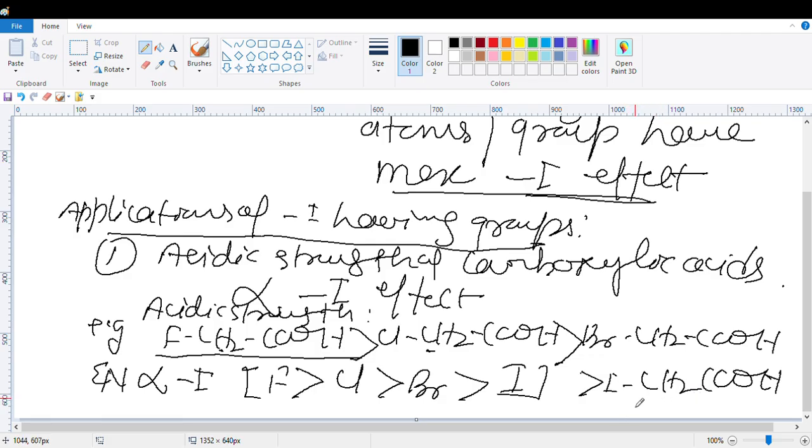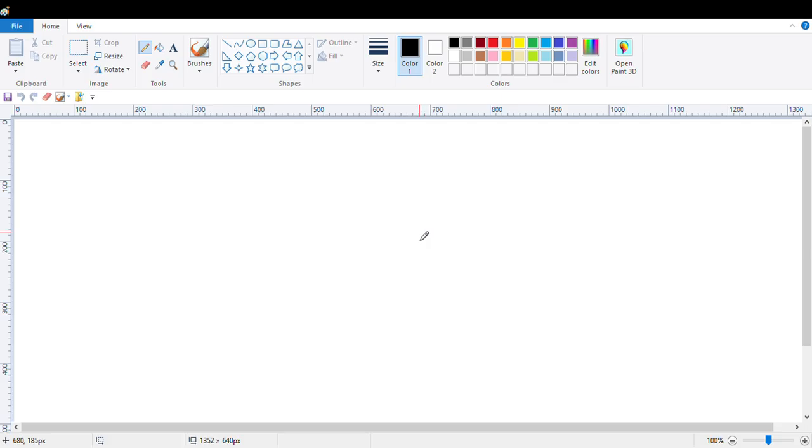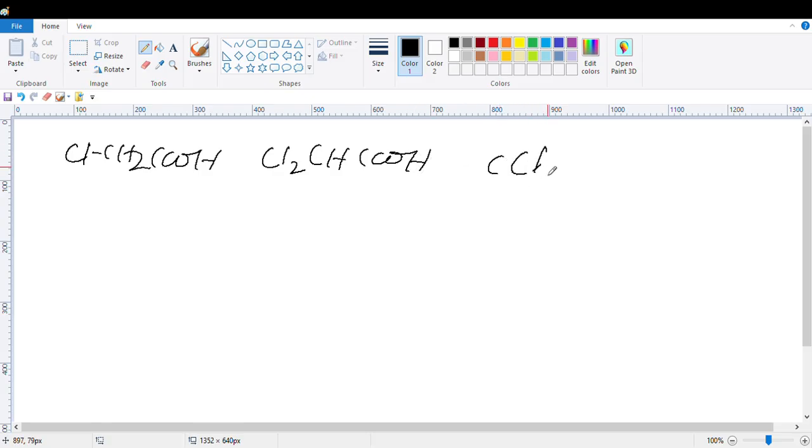So this is the application of minus I having groups. One more application we are taking of minus I having groups, with more electronegative atoms in the carboxylic acid: ClCH2COOH, Cl2CHCOOH, CCl3COOH.